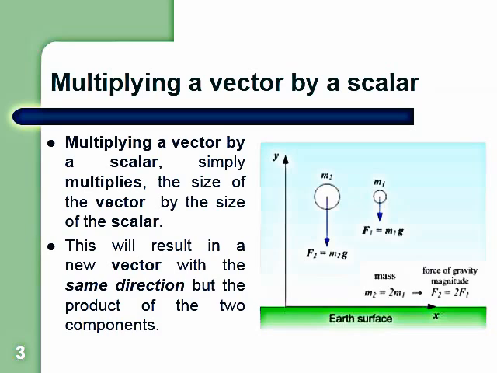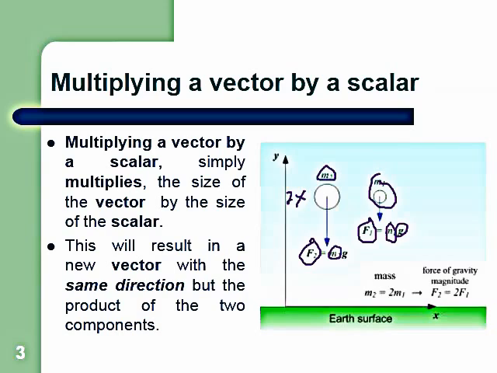So here's an example. Here we have mass 1, the force being the first mass times the acceleration due to gravity. And here we have a second ball which has 2 times the mass. So simply, the force of the second ball, because the second mass has twice the mass of the first ball, will be twice.